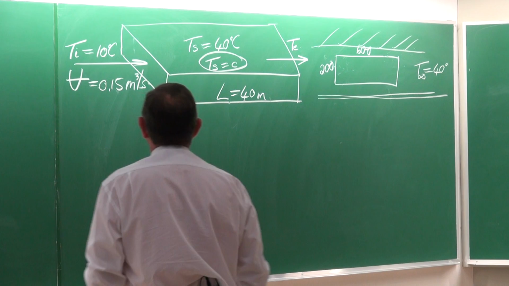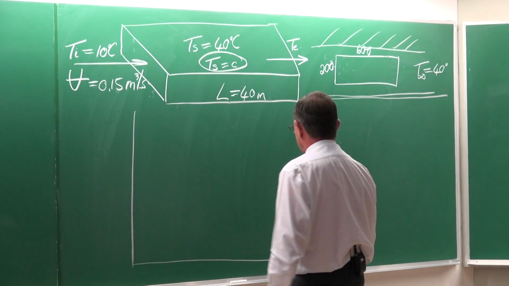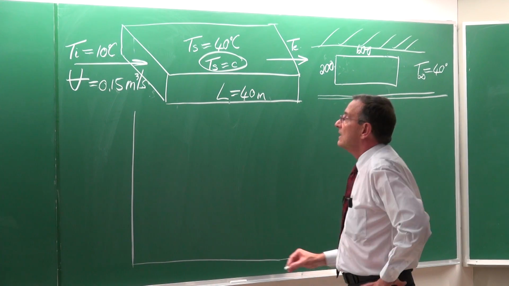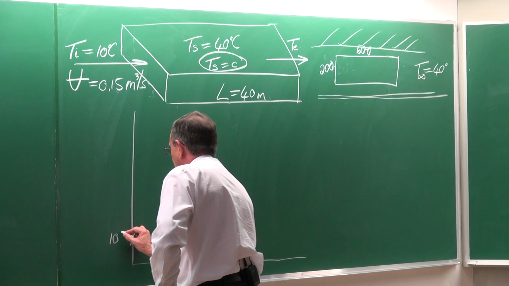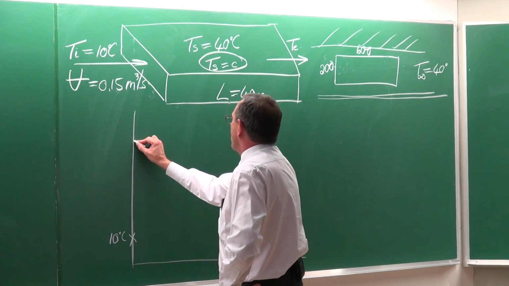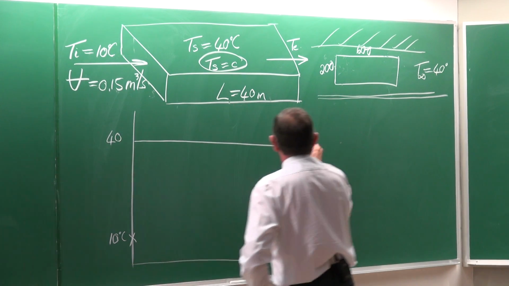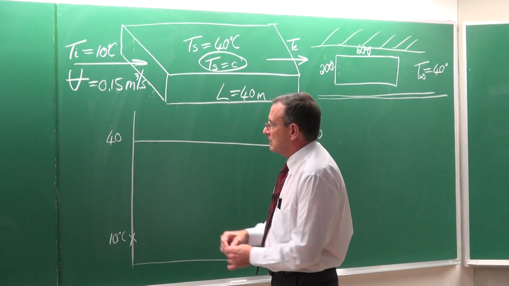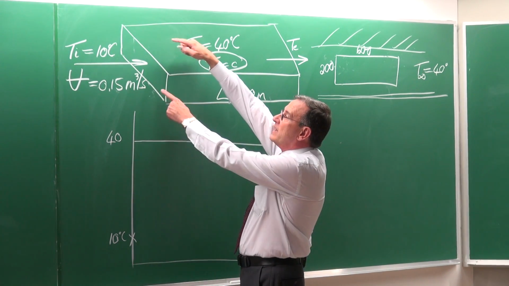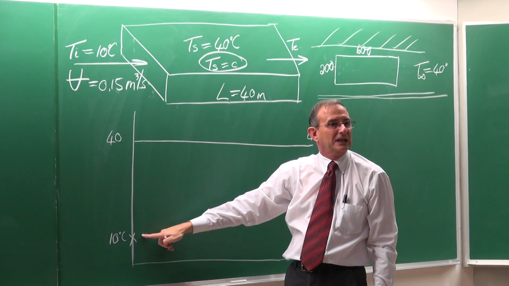If that is the case, then again, a graph is a very good thing to have. Our inlet temperature is going to be 10, like that. Our wall temperature is going to be 40, 40 and 40. And when the air enters here, the temperature difference is going to be 30.